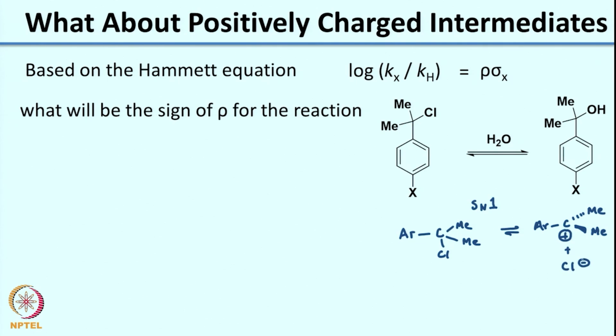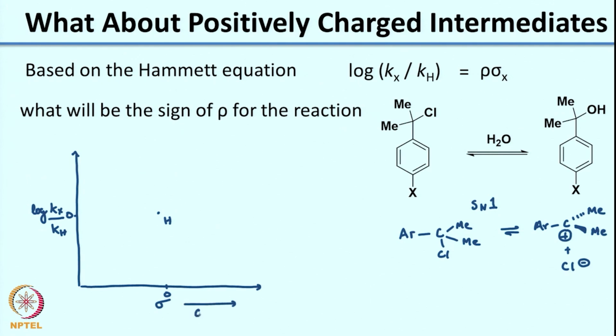Now if you had substituents on the aromatic ring, what would happen? So let us try to do that on this graph. For this reaction you have log of Kx over Kh, and on your x axis you have sigma. Let us say this is 0, this is 0. So this is where your hydrogen will be. Now compared to hydrogen, in this case you have electron withdrawing groups on the positive side, and on this side you have electron releasing groups.